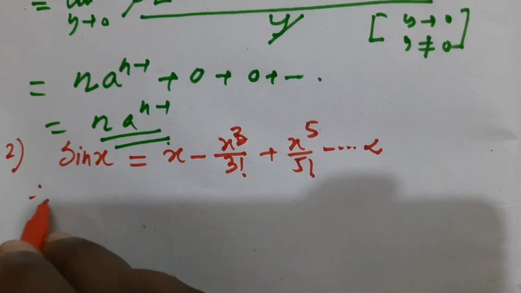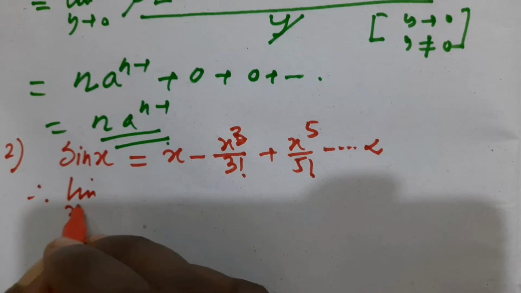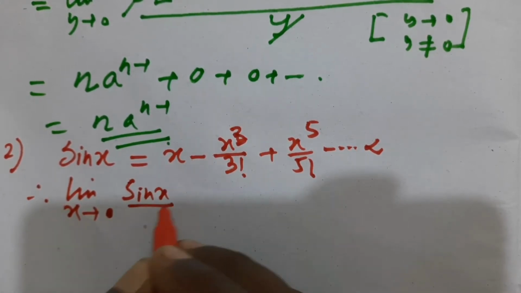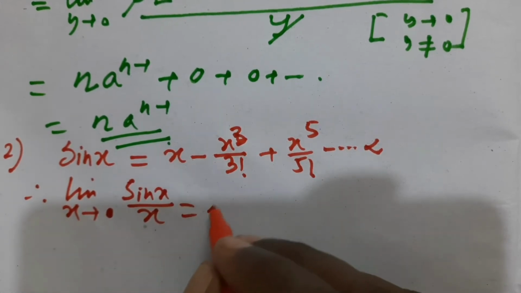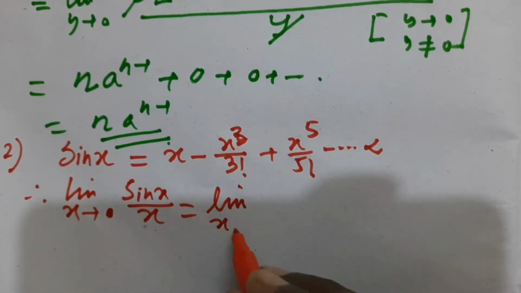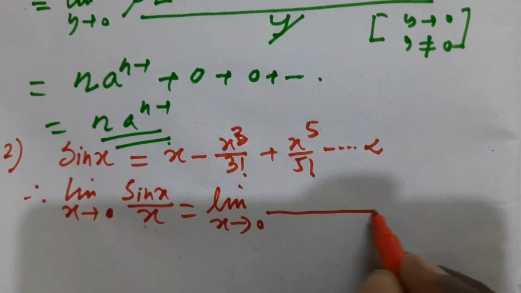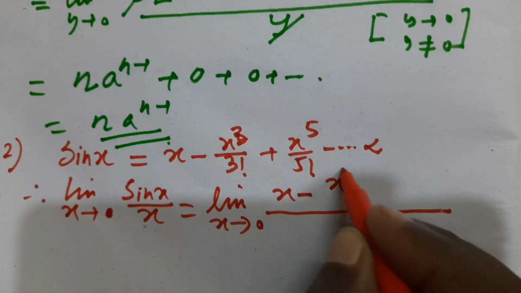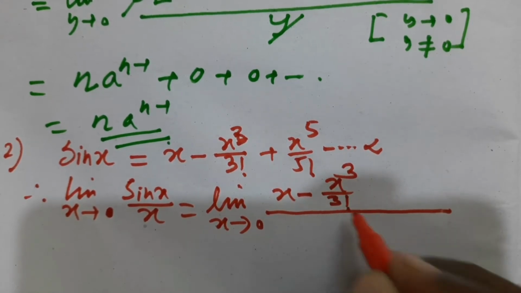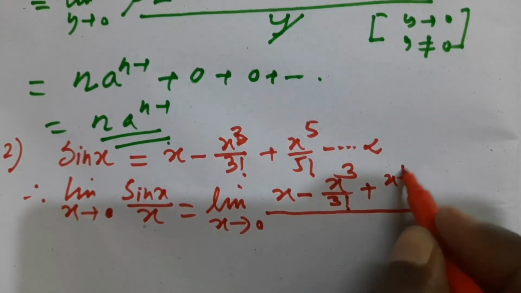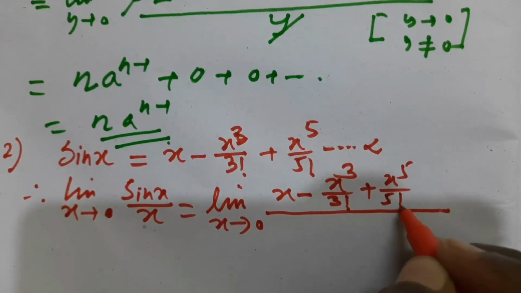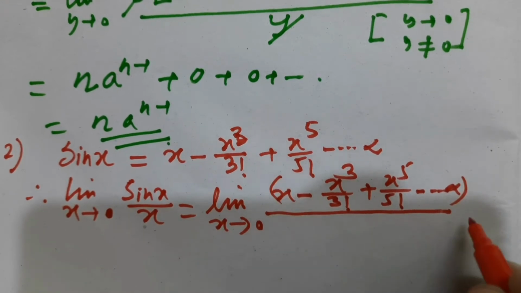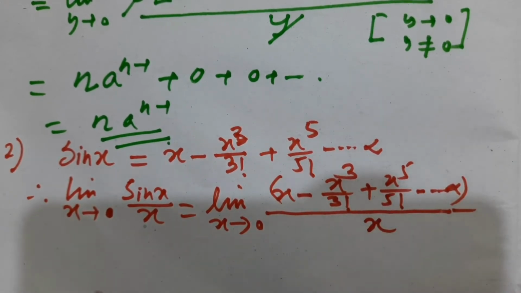Okay, therefore limit x tends to 0 of sin x by x is equal to limit x tends to 0. Now we write here the sine series: x minus x cube by factorial 3, plus x to the 5 by factorial 5, and whole divided by x.